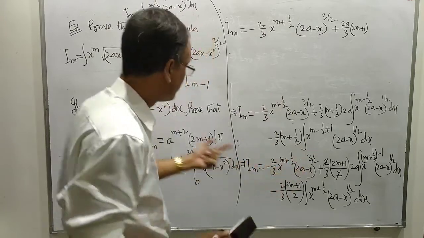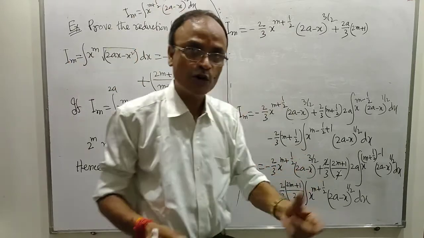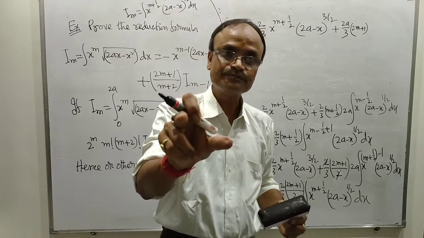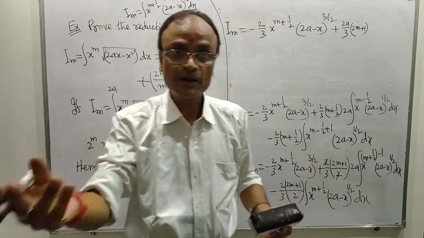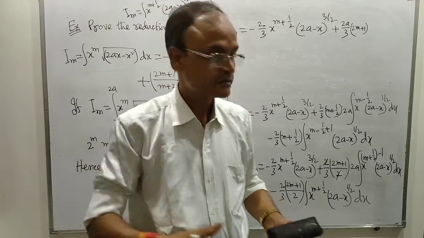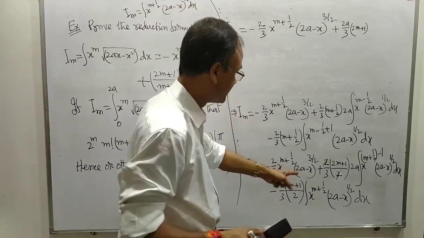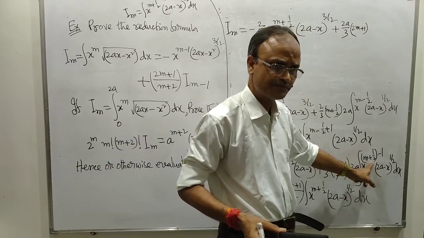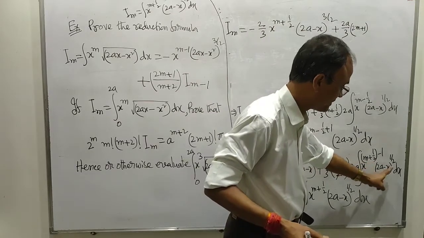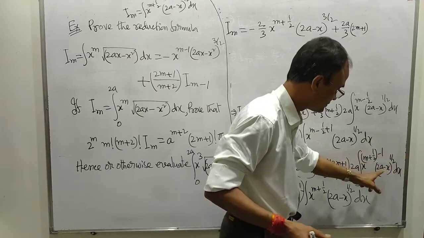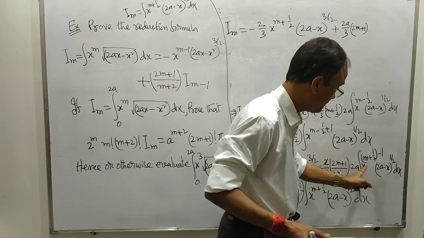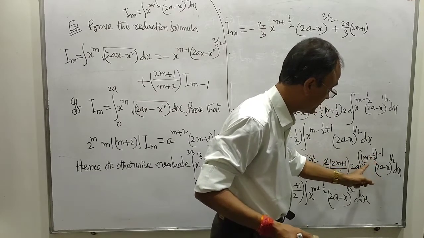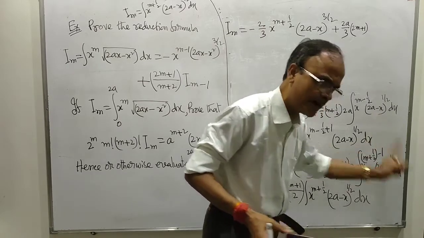I_m stands for the integration of x to the power m plus half into root over 2a minus x. This can be replaced by x to the power m plus half and (2a minus x) whole to the power half. It is common. In place of x to the power m plus half, it is x to the power m plus half minus 1.